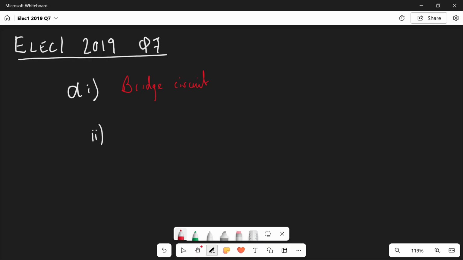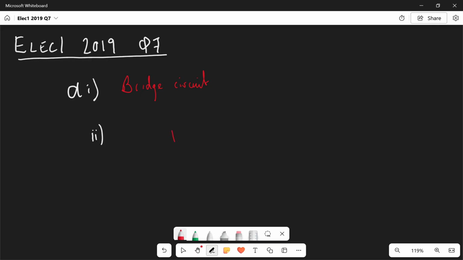You have a potential divider on the left-hand side, the two fixed resistors, where you're measuring the voltage in between those two fixed resistors, and you've got a potential divider on the right hand side where you've got the thermistor and the variable resistor. So what we need to do is measure the voltage or the potential at point P and point Q, and the difference between those will be Vout.